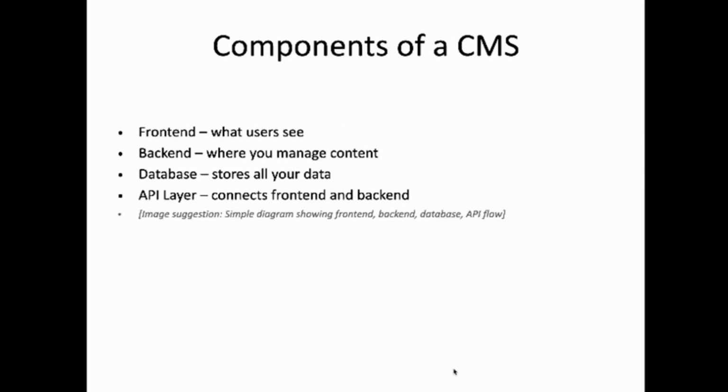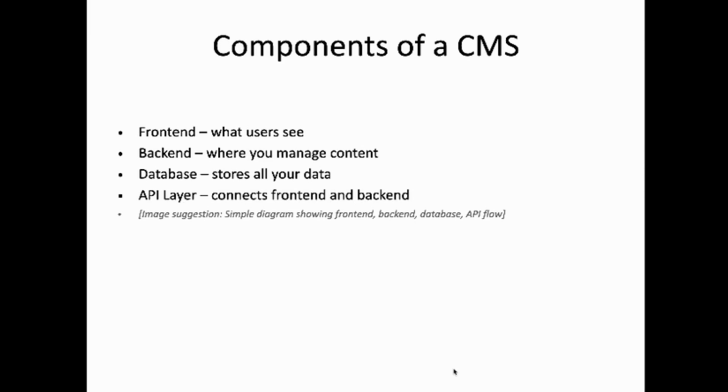So now let's see the various components of a CMS. We have a front end, backend, database, and API layers. The front end is where the user sees, and the backend is where you manage your content. Right now I have explored one CMS, which is Strapi, where I store all my content and integrate it with my front end, like React or something.